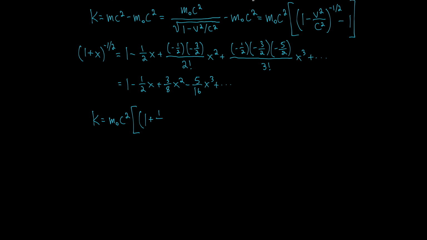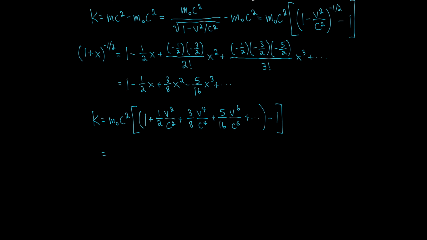So we get half v squared over c squared plus 3/8 times v to the 4th over c to the 4th plus 5/16 times v to the 6th over c to the 6th, and so on, minus 1.